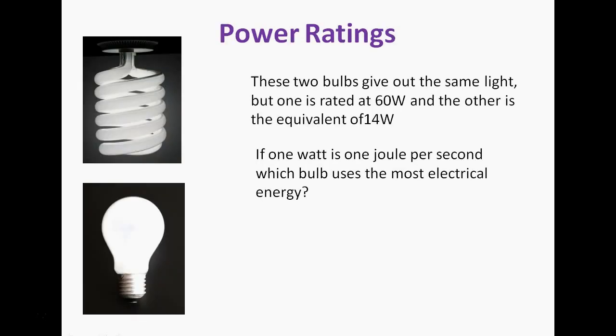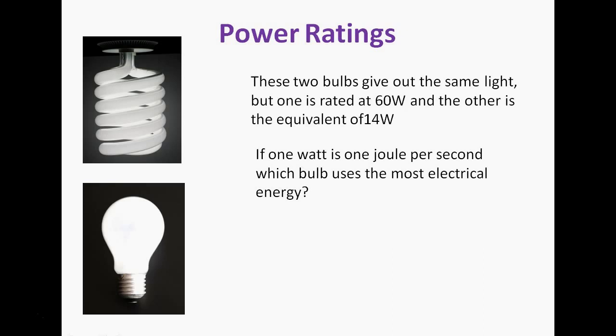Now let's look at a real-life application. These two bulbs give out the same light. One is rated at 60 watts and the other is rated at an equivalent of 14 watts. Now remembering that 1 watt is 1 joule per second, which bulb uses the most electrical energy?